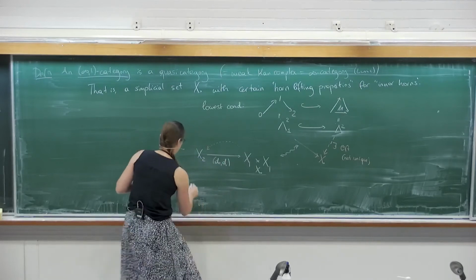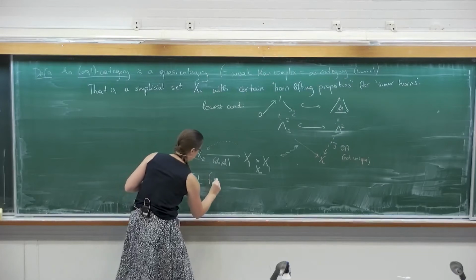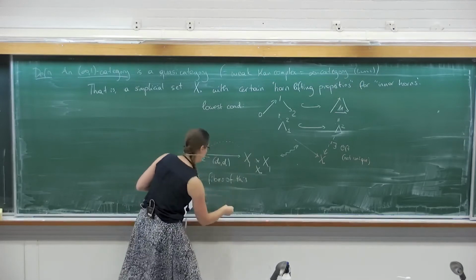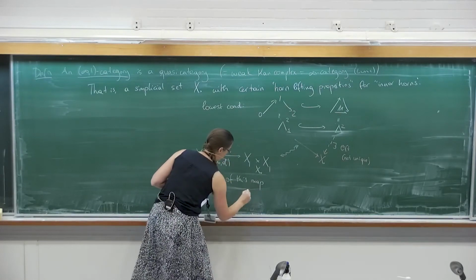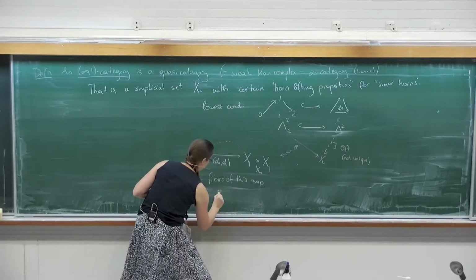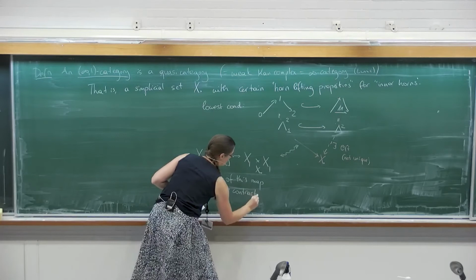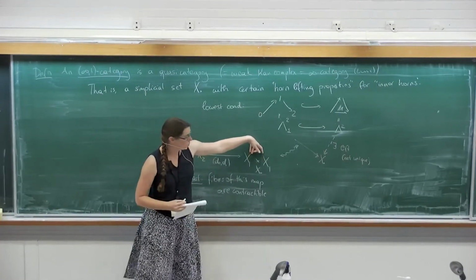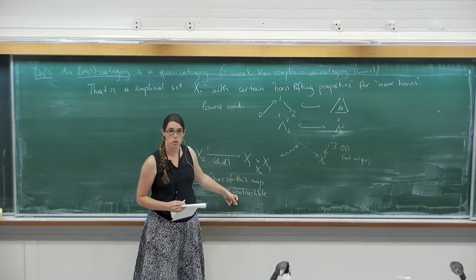But the fact is that the fibers of this map, which can be proven from the rest of the conditions, these are spaces, and they are contractible. So given a pair of composable morphisms, I have a contractible space of possible compositions.